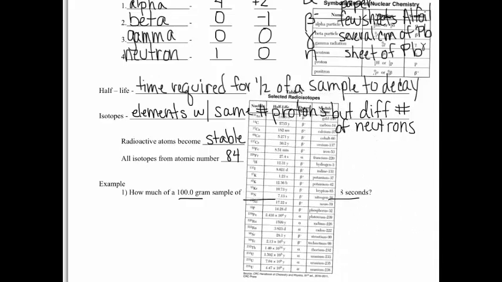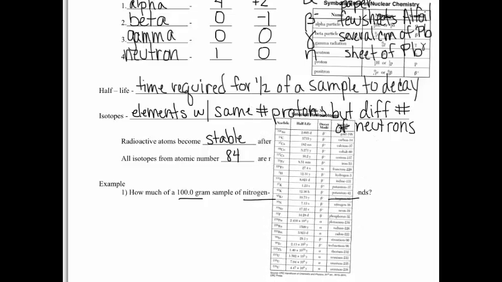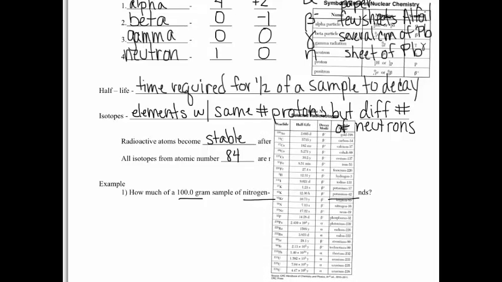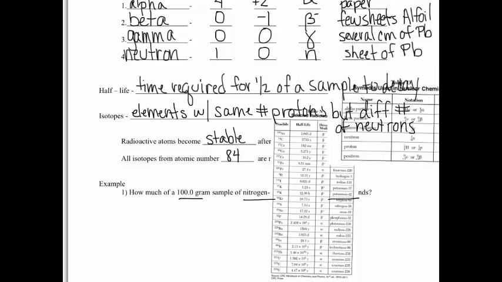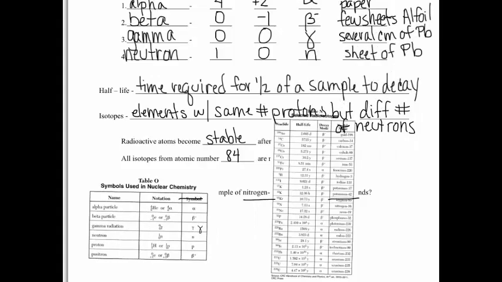So we have this table N, and how it's set up is that it's alphabetical by the symbol. So we're looking for nitrogen 16, and here it is. And you'll see that its half-life is 7.13 seconds. You'll also notice in this table N, there's a decay mode given. So they've given you the symbol that you can then use to look in table O to figure out the emission. So we'll look at that right now.